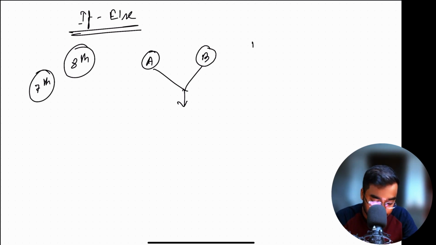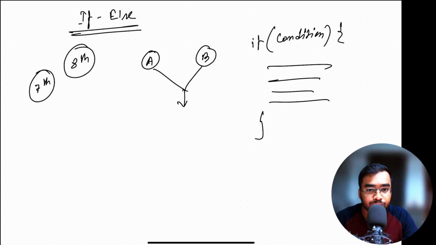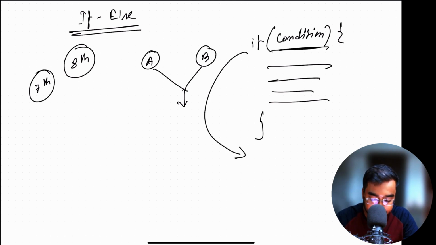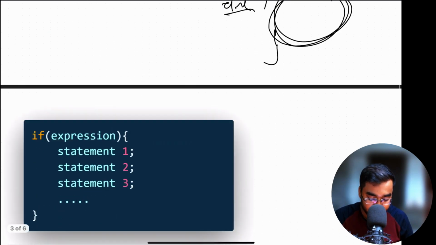For example, if I write if, any kind of condition, then we would be doing something. If the condition is not satisfied, then obviously we would head to the else part. You would be writing some code here. In this way, let's move forward and try to understand.